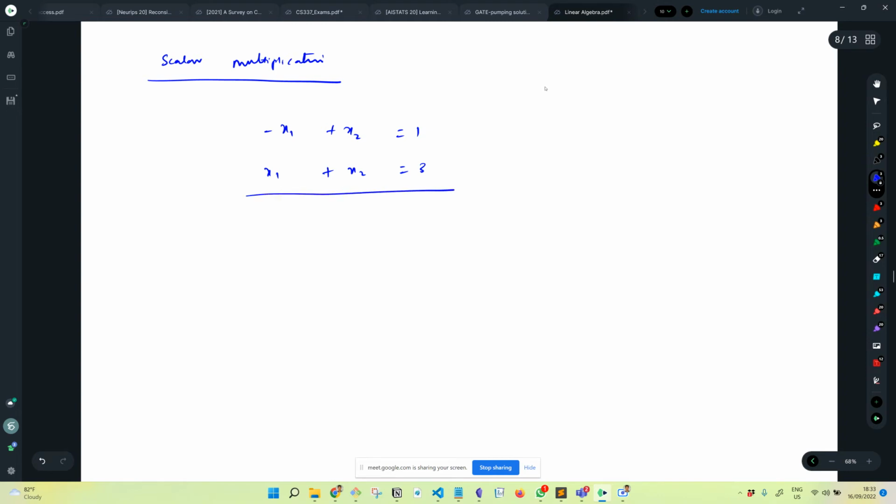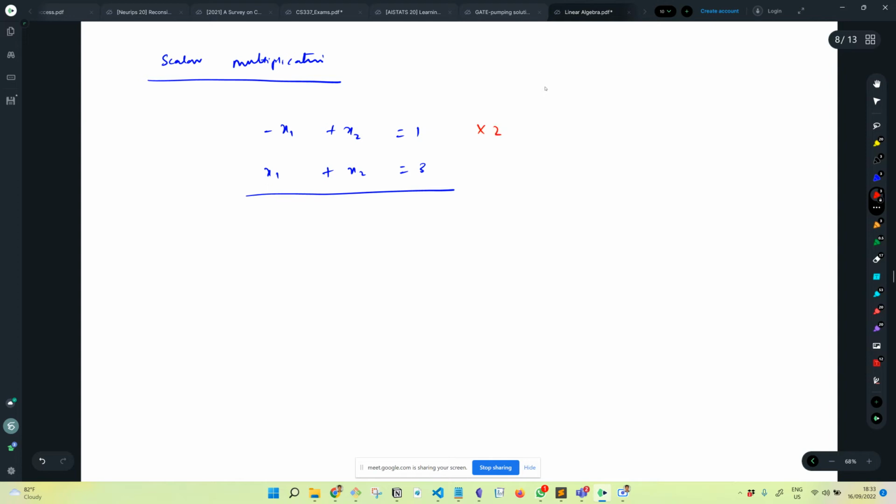Now the third operation is scalar multiplication. I think this is very simple. What do I mean by scalar multiplication? Again, let me take the system: minus x1 plus x2 equals 1, x1 plus x2 equals 3. Now I can multiply both equations by a scalar.